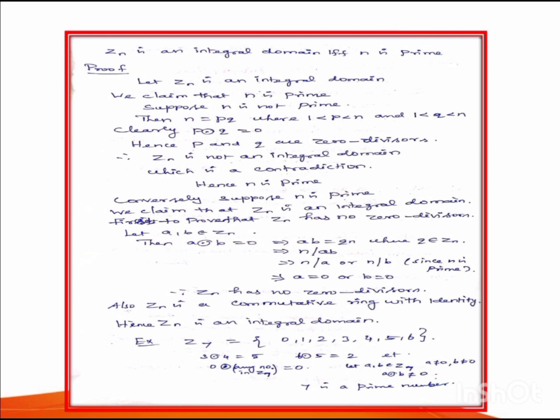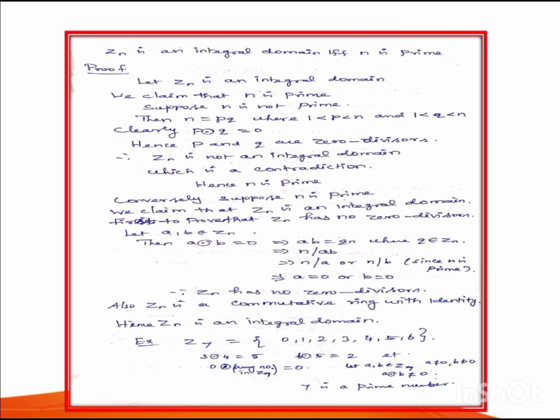Second, R has a unit element. Third, R is without zero divisors. Without zero divisors means AB equal to 0 implies either A equal to 0 or B equal to 0, where A, B belong to R.